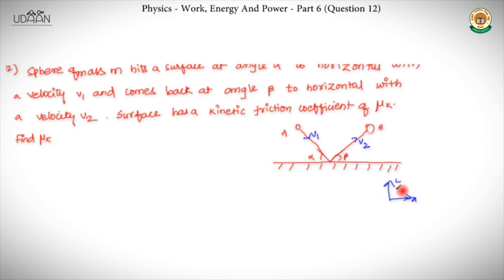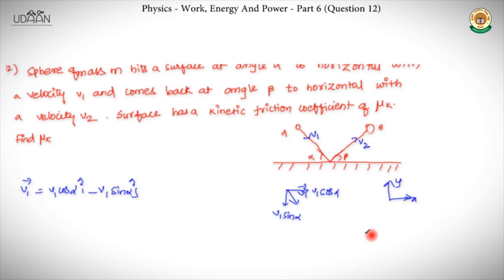So for velocity v1 bar, this component will be v1 sin alpha, and this component will be v1 cos alpha. As this is in the negative direction, we will be getting v1 bar is equal to v1 cos alpha i cap minus v1 sin alpha j cap.